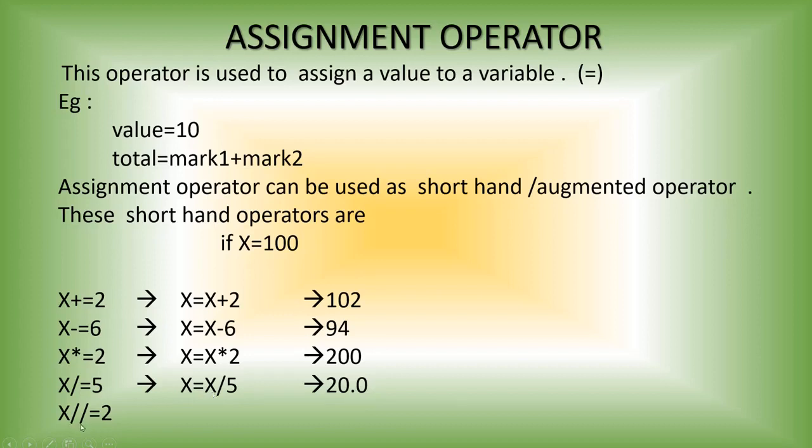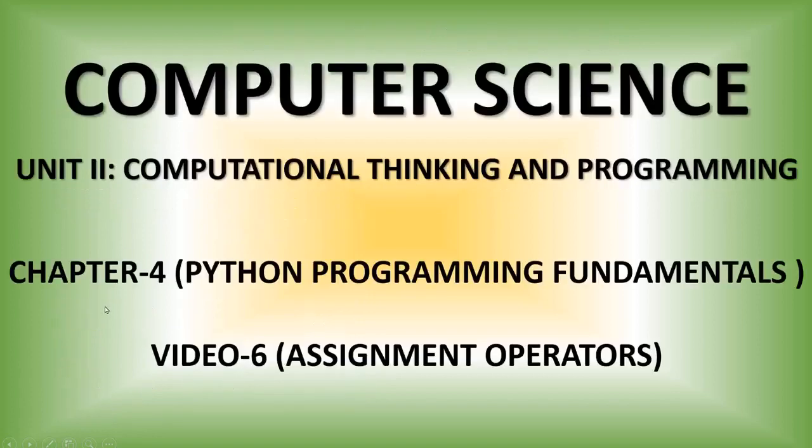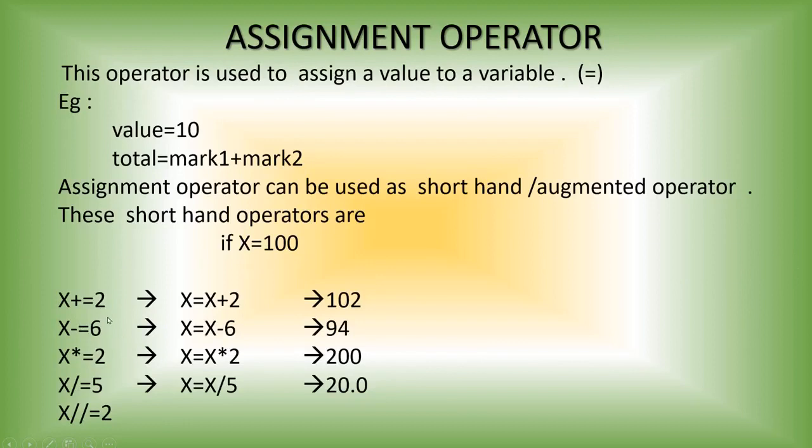Then x integer division equal to 2, or quotient, which is the same as x is equal to x integer division 2. So this is the augmented form of your equal to operator, or assignment operator. The augmented form is also known as the shorthand form.